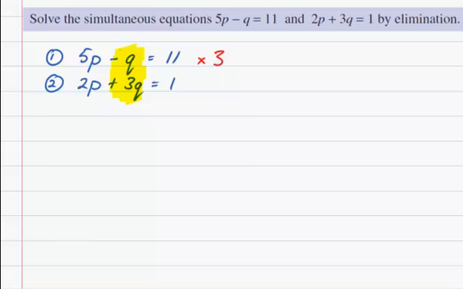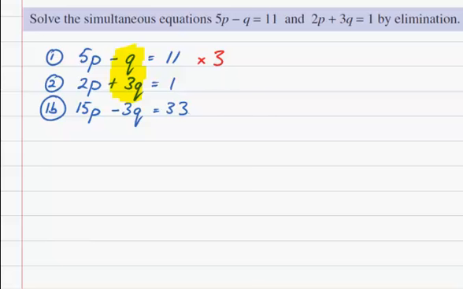Because if I multiply negative q by 3, I get negative 3q. I'm going to write this down as equation 1b. Multiplying everything by 3, I get 15p minus 3q equals 33.